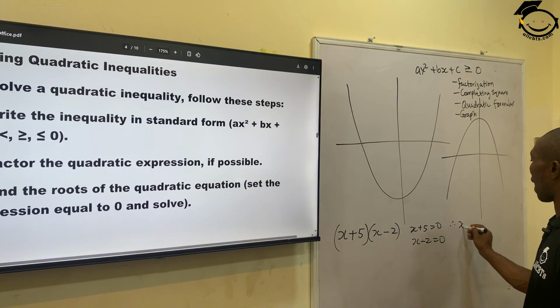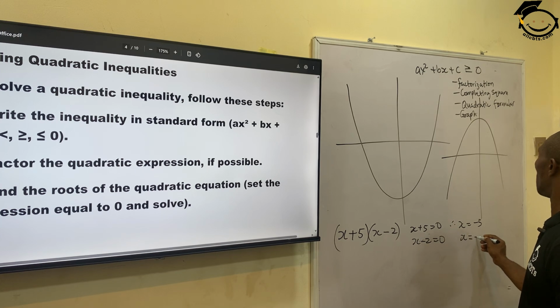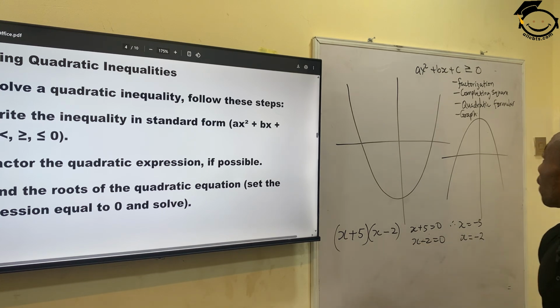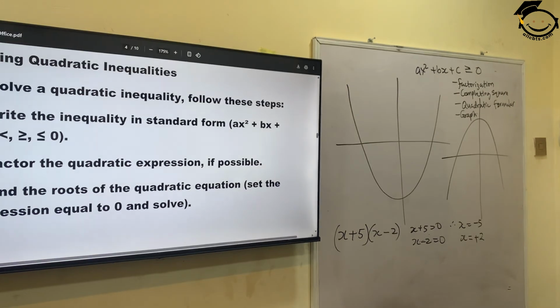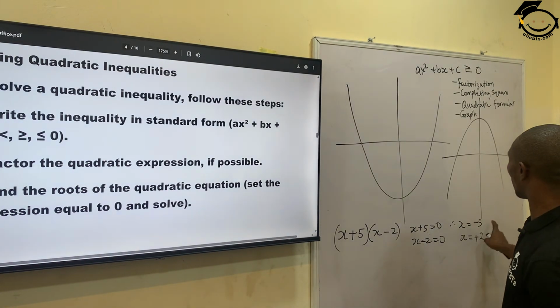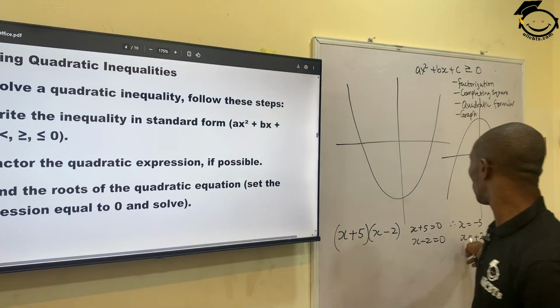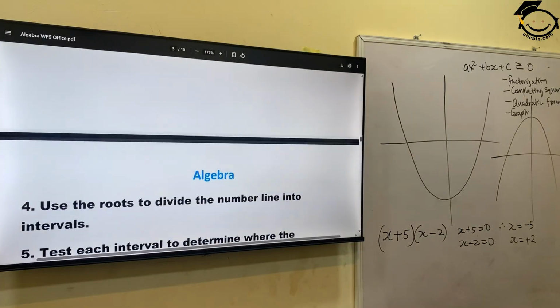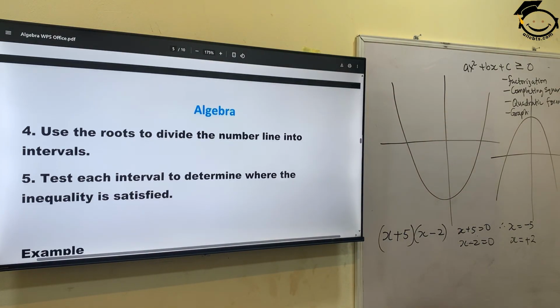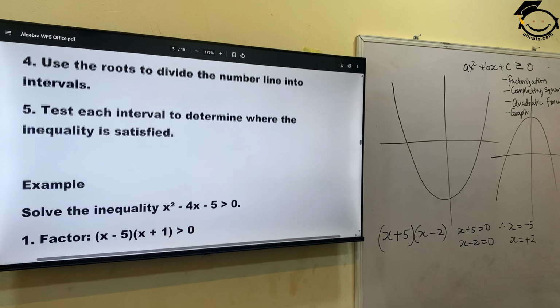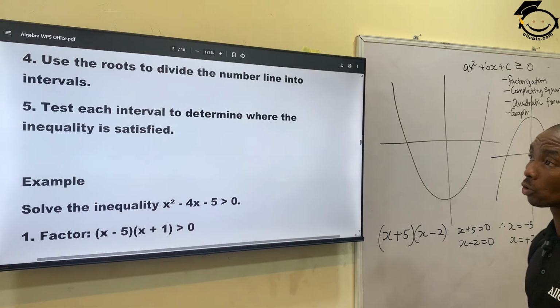So therefore, our x here will give us a minus 5 and our x here will give us a plus 2. Now, having found the roots of your x, the next thing you will do is to use these roots to divide your line into intervals.